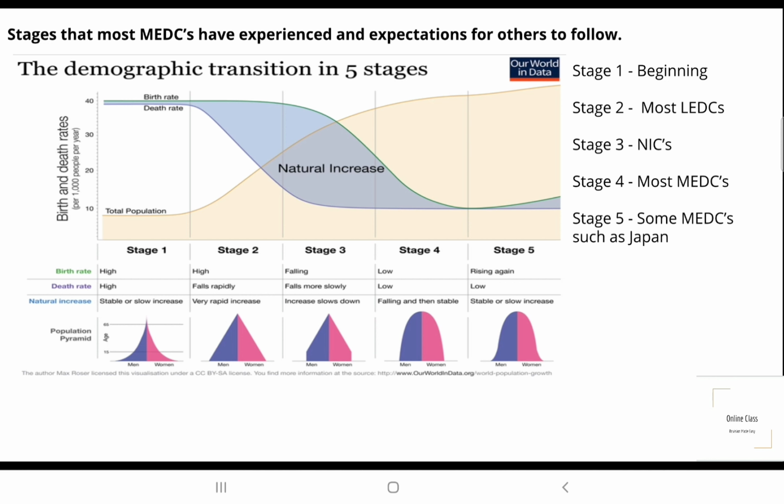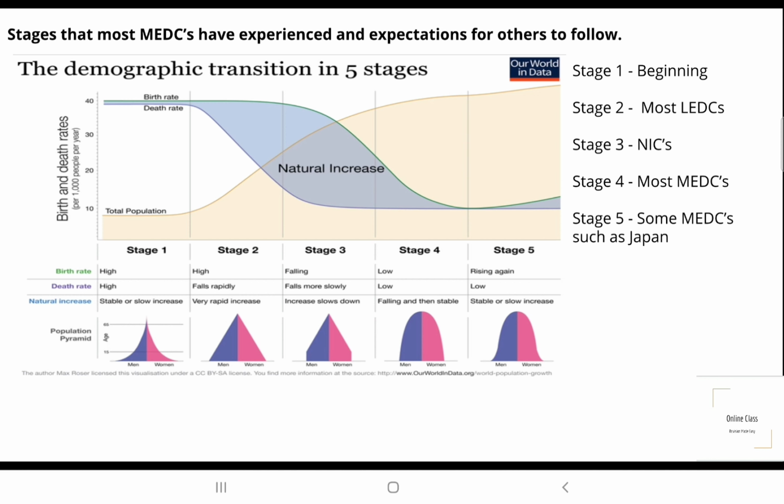You need to know which each stage is. Stage 1 is the beginning, stage 2 is most LEDCs, stage 3 are the NICs, or the newly industrialized countries, stage 4 is most MEDCs, and stage 5 is some MEDCs. The difference between stage 4 and 5 is that in stage 4 the birth rate stays low, but in stage 5 the birth rate starts to rise again.